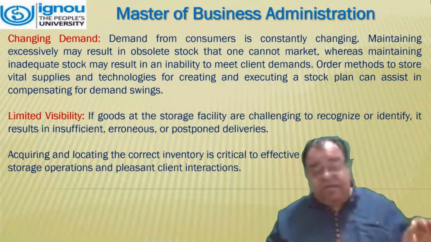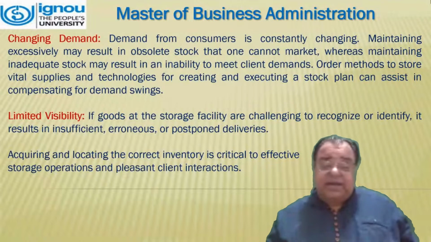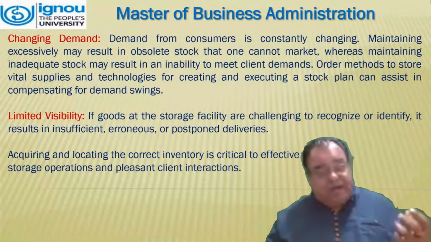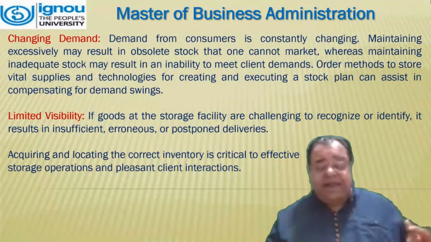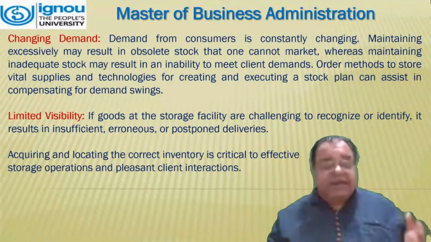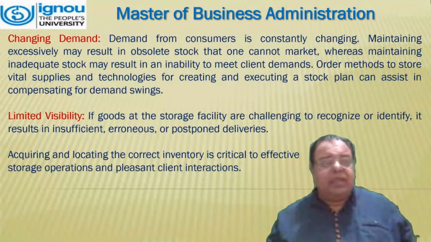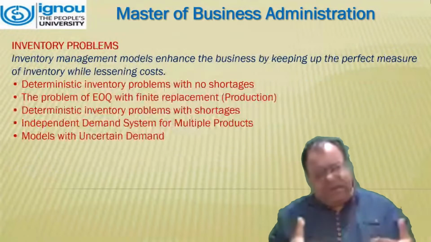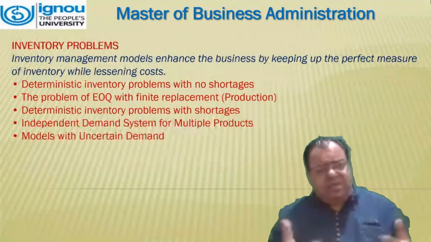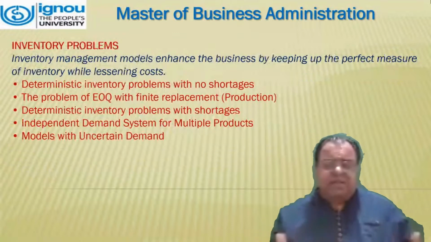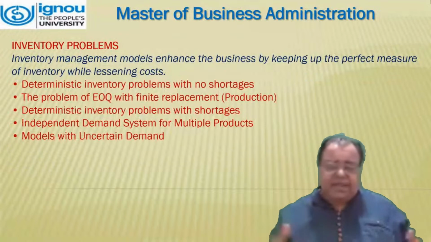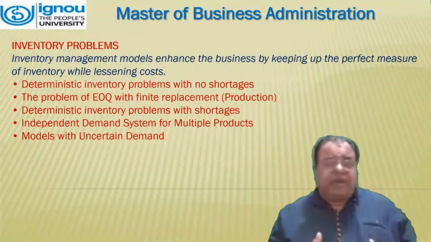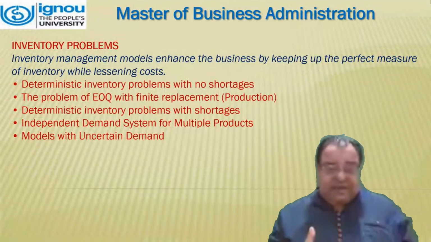Acquiring and locating the current or the correct inventory is critical to effective storage operations and pleasant client interactions. What are the problems which are faced during inventory planning or inventory control? Inventory management models enhance the business by keeping up the perfect measure of inventory while lessening costs.